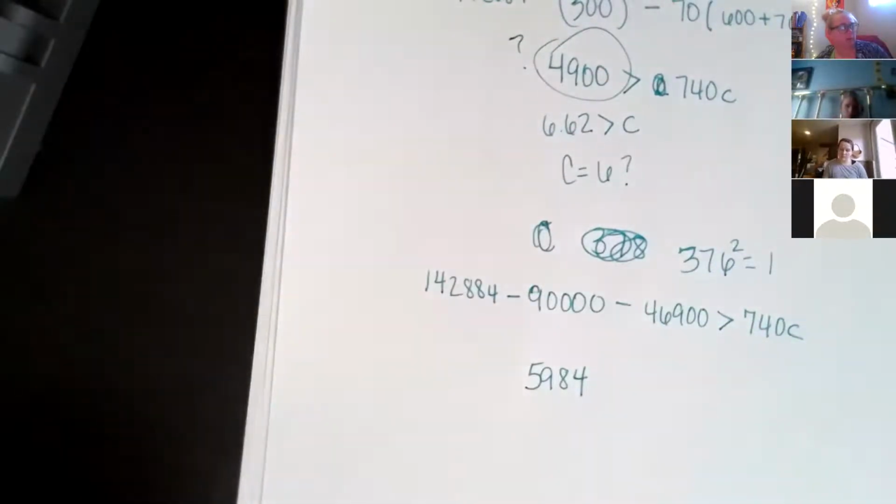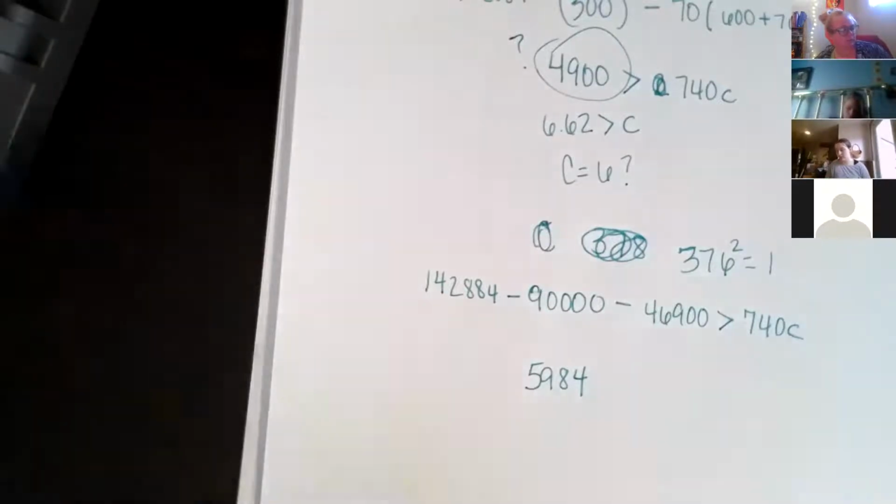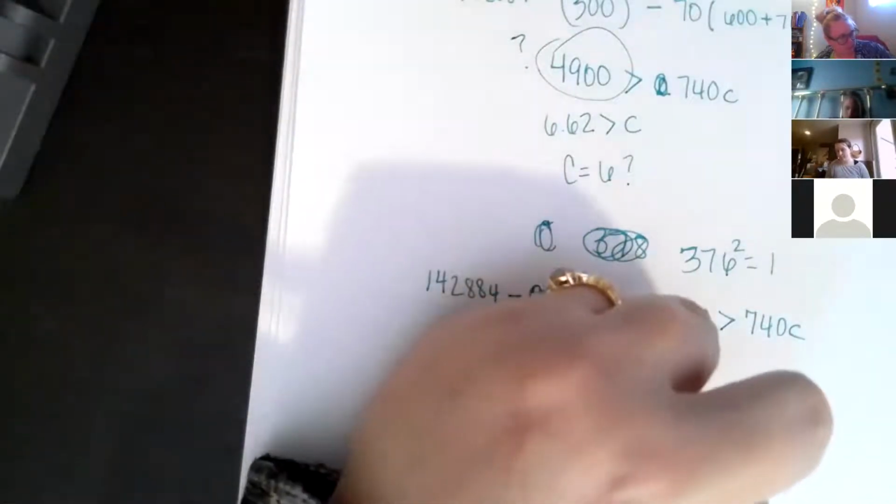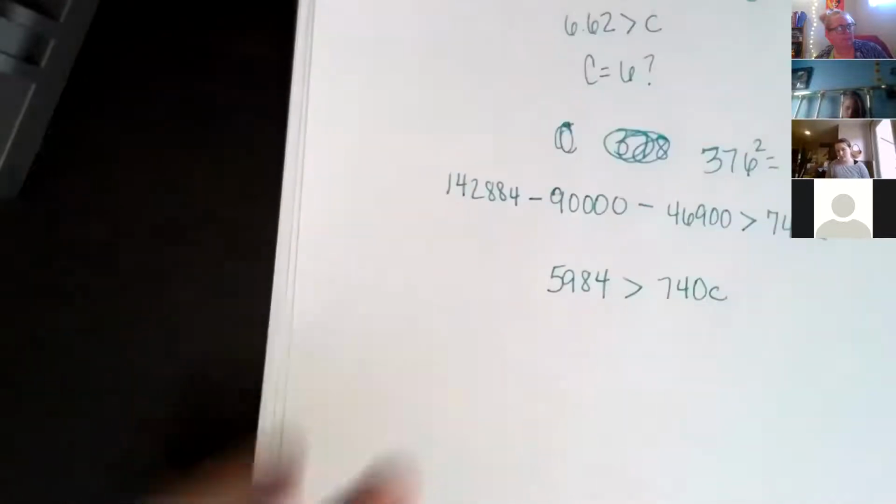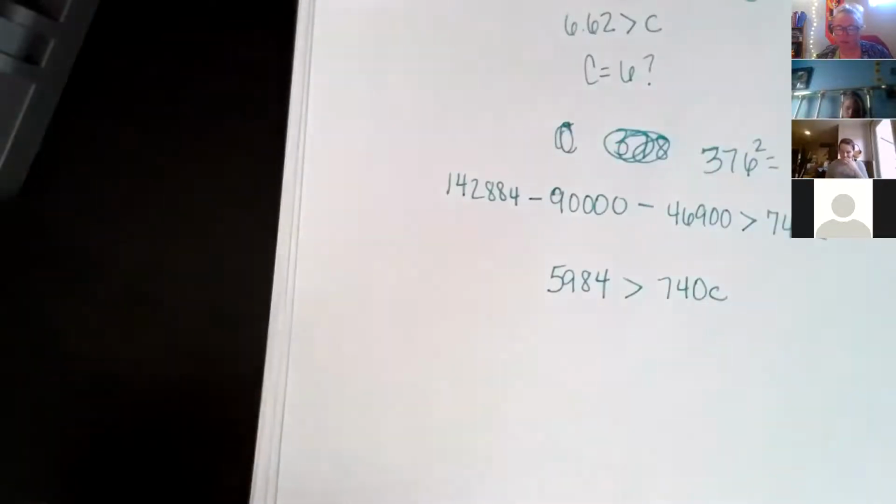Is that what you got, Jared? Yeah. So we might have misplaced a zero, because I think I did something similar. And then, yeah, that gives us C equals 8.